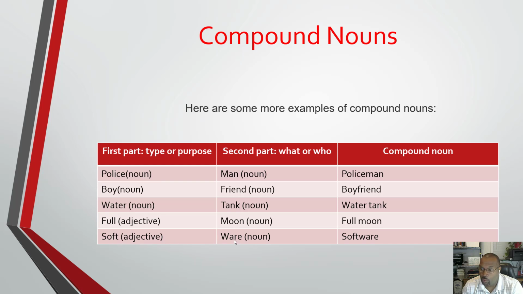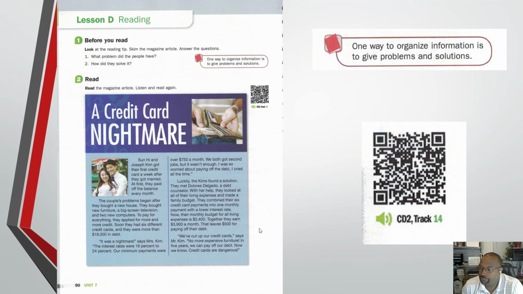Soft. Ware is a noun. Put them together, software. New compound noun. All right. If you have any trouble with these, let me know and I'll give you some more examples and or help you to define it a little bit better. Okay? Let's move on.